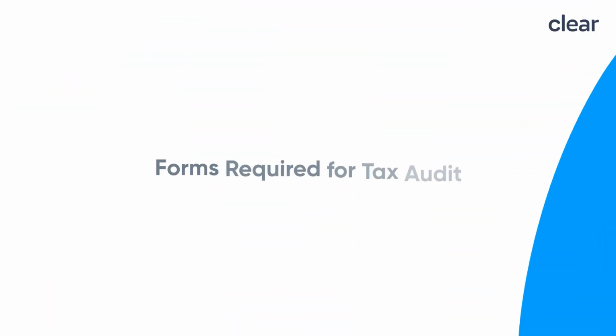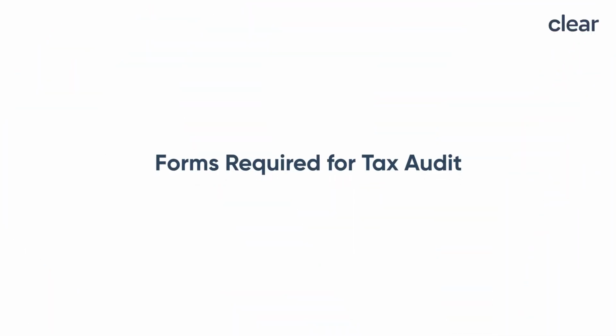Before we start, let's see what are the forms required for the tax audit. Tax audit reports can be presented in two different ways by the tax auditors, which depends on the basis of the law under which the accounts have been audited.